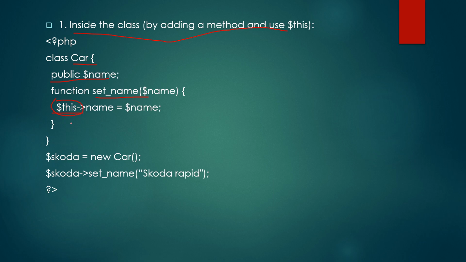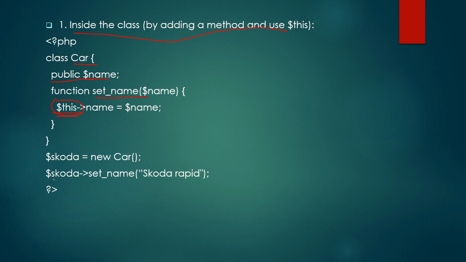Through this keyword I can access these properties inside this method. Remember, this refers to the current class, meaning all the properties of the current class. That's why I made use of this keyword, so that I can use all these properties inside this method.